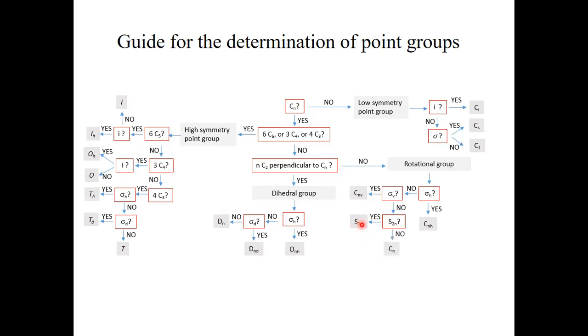But if no, our point group type is Cn. So now our scheme is complete. And you see that with such a scheme, you can easily determine the point group of a molecule.